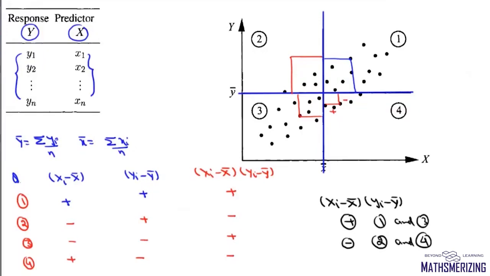Now this product, which is product of deviations of x and y, captures linear relationship between x and y. Now if this linear relationship is positive, then most of the points will be in first and third quadrant. And if this linear relationship is negative, then most of the points will be in second and fourth quadrant.